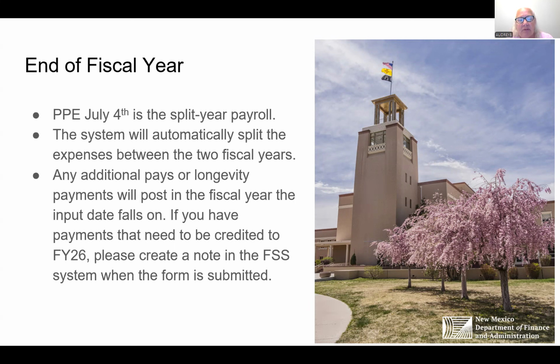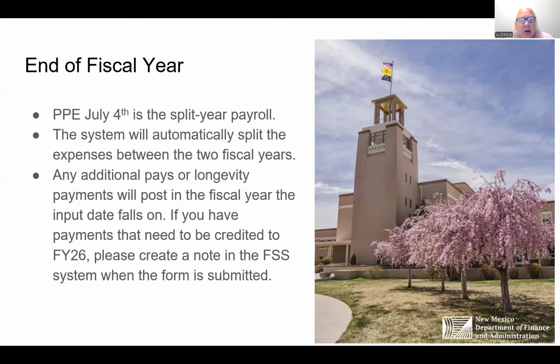So if you have additional pays, I know some agencies do have authority for additional longevity pays that they want paid in FY26. Please make sure that those are input on or before a June 30th date if you want it in FY26, or after a 7-1 date if you want it in fiscal year 27.